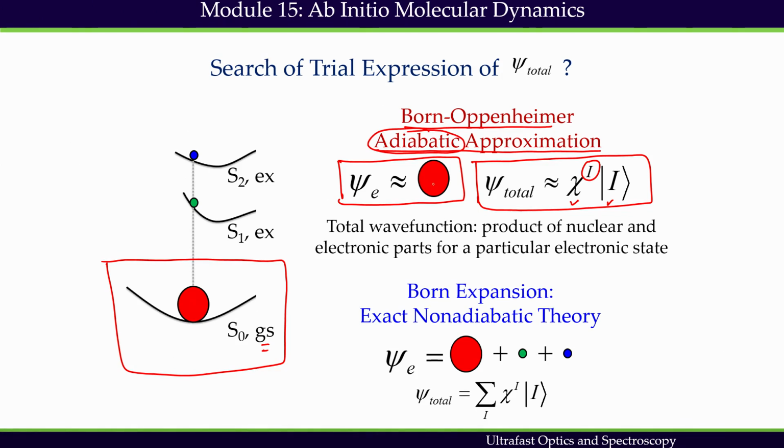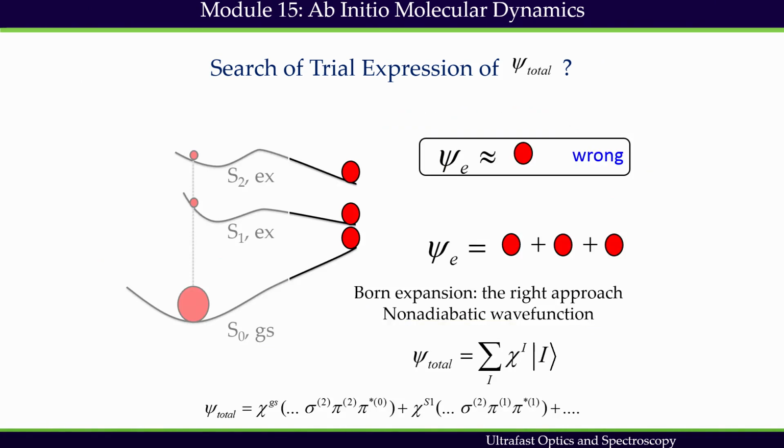As I said, this big ball is represented by the sigma 2 pi 2 pi star 0 sigma star 0 configuration. So this configuration will be retained all the time for different nuclear configurations. But the adiabatic Born-Oppenheimer approximation breaks down if the electronic states are very close lying.